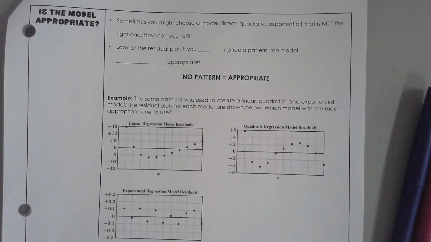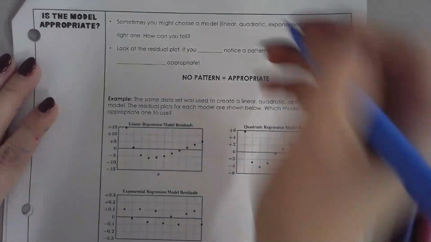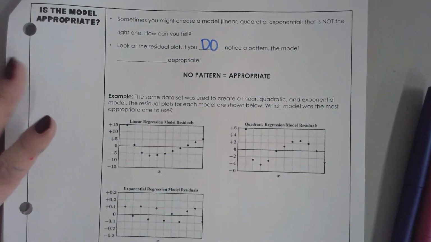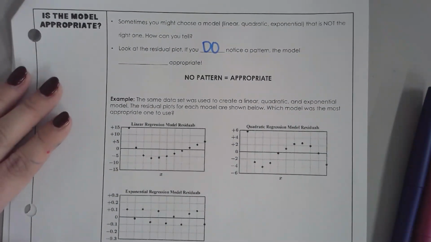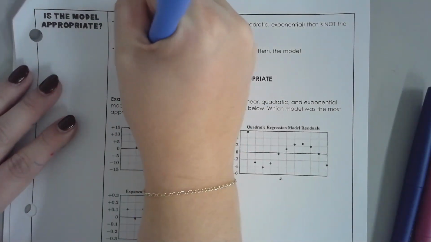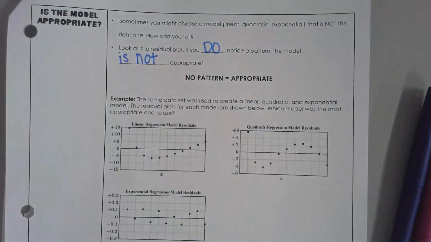If you're looking at the plot and you do notice some kind of pattern, the model is not appropriate. You've got to know that. If you see a pattern at a quick glance, don't study it.